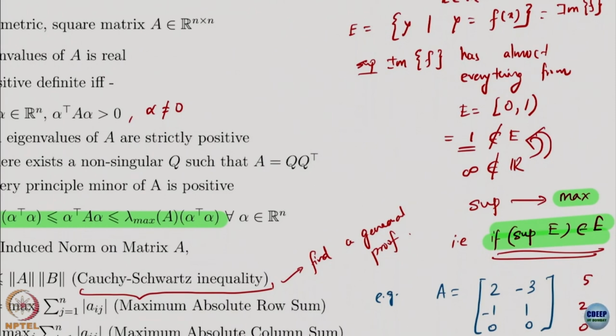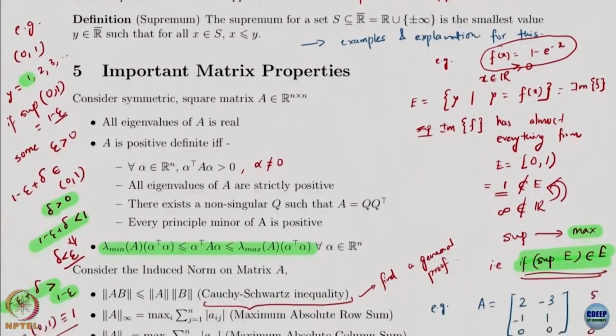Also, folks who have done real analysis, and hopefully SC639, will know that if the set contains its supremum and infimum, then the set is a closed set. If the supremum and infimum of a set are in the set, then it is a closed set.